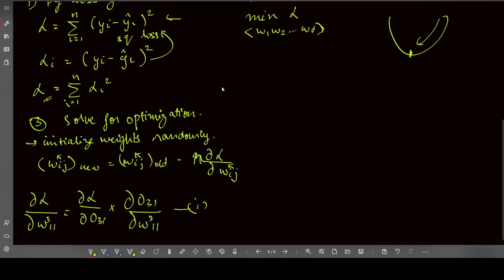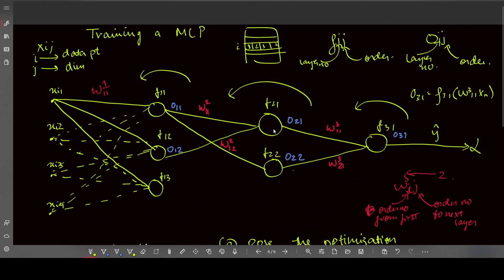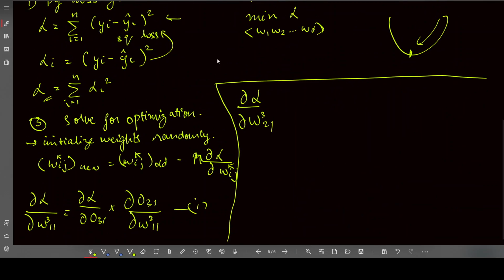My next equation, I'll just write it over here. Okay, so my next equation is dou L by dou W321. I'm sure you would have guessed what it is. It's basically just dou L by dou O311 into dou O311 upon dou W321.